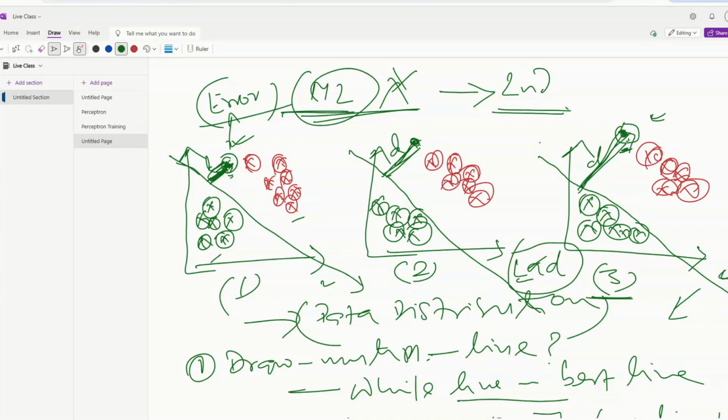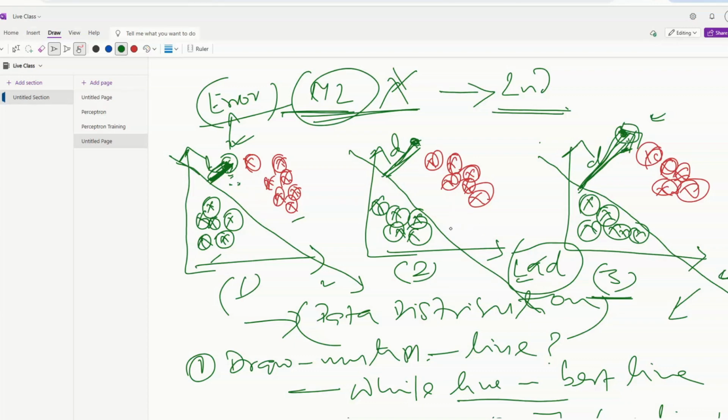For the misclassified points, if the distance is less, then the loss will be less. In the third case, the loss is very high, a huge loss. But in the first case, the point is very close to my boundary, so the loss is lesser.